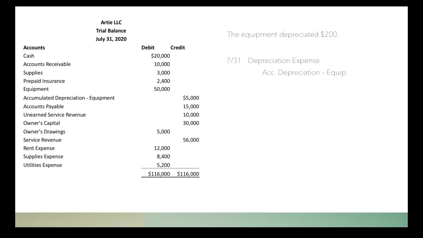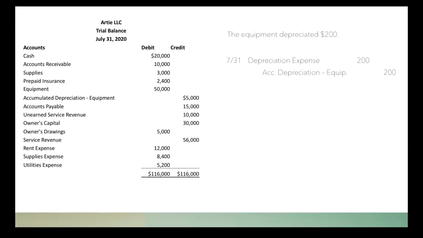Now, how do we figure out our number here? Well, we're told that the equipment depreciated $200. So we'll just toss the 200 into this journal entry. And realize we are not messing with the equipment account itself.